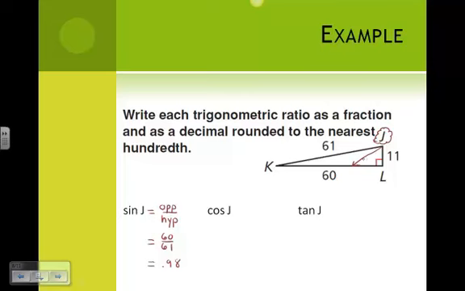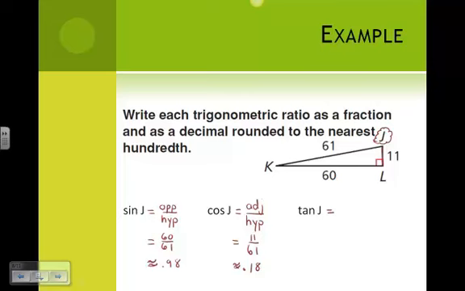Okay. Now the cosine of angle J is defined by the side that is adjacent to J over the hypotenuse. So adjacent to J would be this 11 over the hypotenuse, which is 61. And if we were to find that as a decimal, the trigonometric ratio, the cosine of J, is 0.18. And these should be approximately.